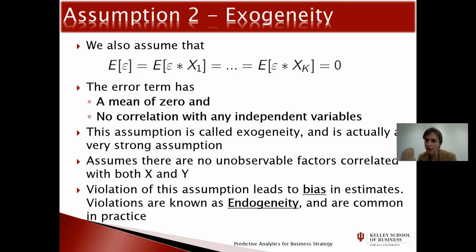Endogeneity is the biggest enemy that analysts have when trying to come up with causal models. All the econometric techniques we're going to learn, the simple ones first and then the more complex ones, are going to take care of endogeneity. That one is really a problem for us, right?